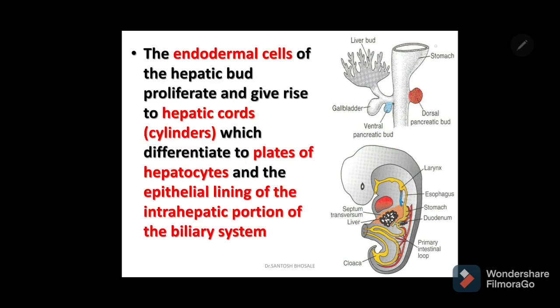The endodermal cells of the hepatic bud proliferate, and you can notice here the cells within the hepatic bud proliferate and form the hepatic cylinders or cords, which differentiate into the plates of hepatocytes, resulting in the adult architecture of the hepatic lobules, that is, the chains of cells radiating from the central vein towards the periphery.